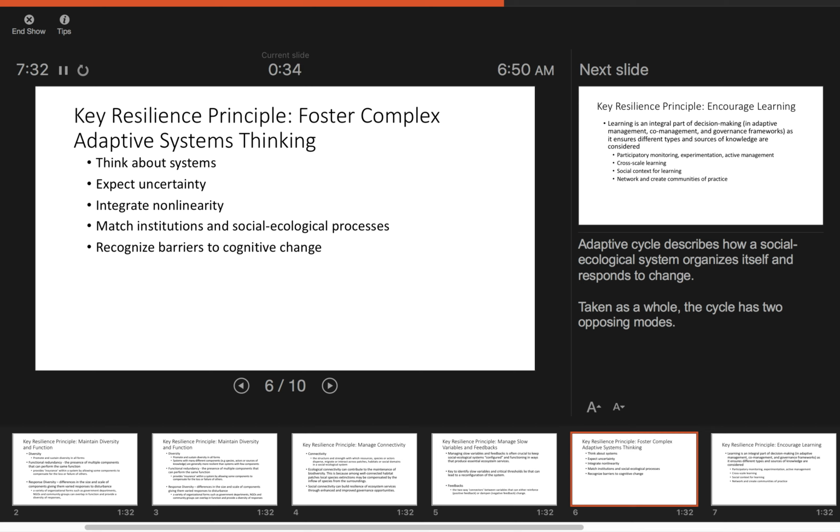Not all the change will be at a linear scale or pace. Match institutions and social ecological processes, so the problem of fit between ecological systems and governance jurisdictions or management strategies. And then recognizing barriers for cognitive change.